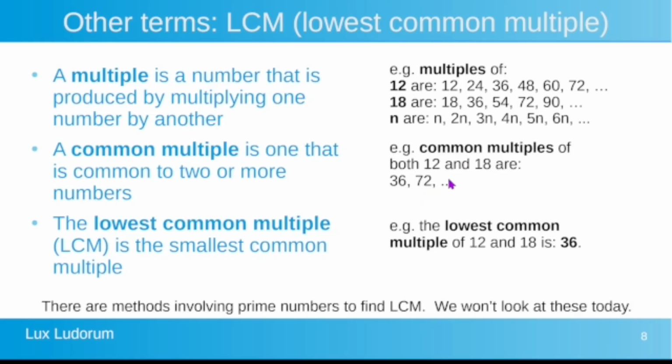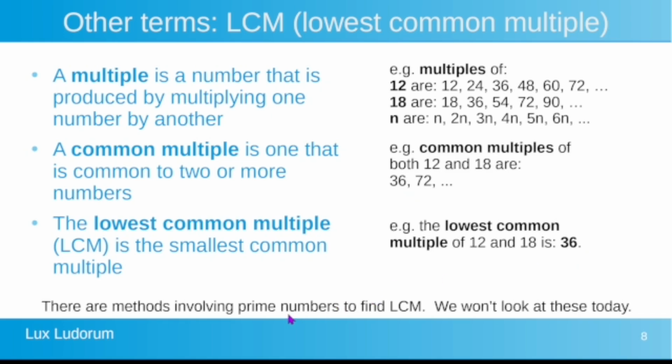So these are common multiples, and there are others if these lists were longer. The lowest common multiple, or LCM, is the smallest of the common multiples. So in this case, the smallest one is 36.